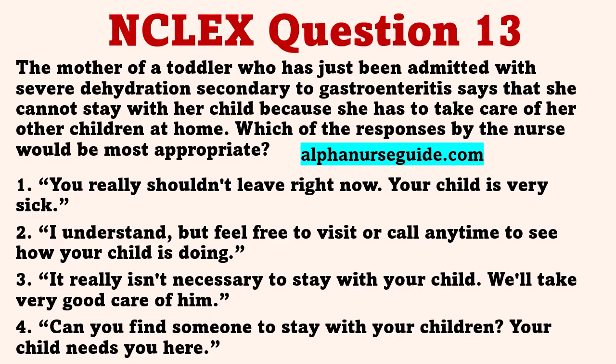Toddlers, in particular, need family members present because of the stresses associated with hospitalization. They experience separation anxiety, a normal aspect of development, and need constancy in their environment. Asking the mother to find someone else to stay with her children is inappropriate. The children at home also need the support of the mother and/or other family members to minimize the disruptions in family life resulting from the toddler's hospitalization and to maintain consistency.